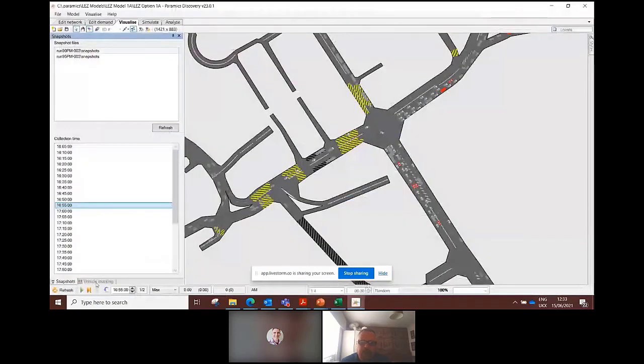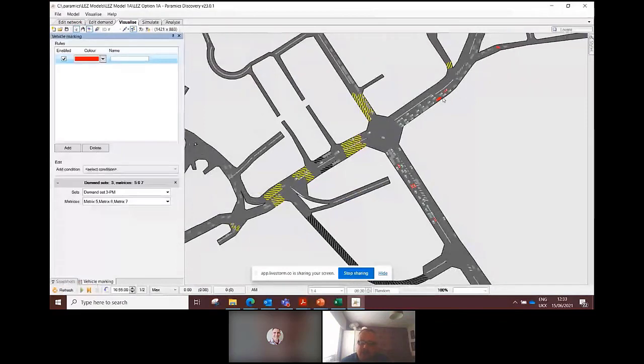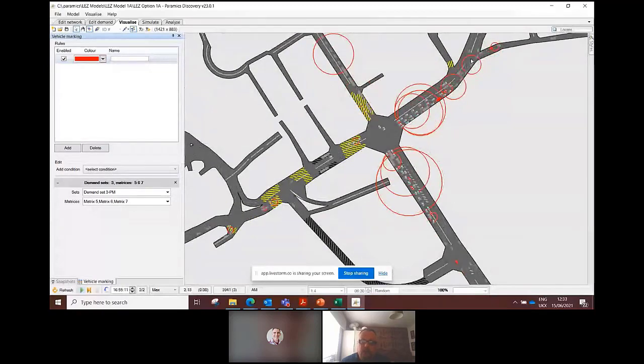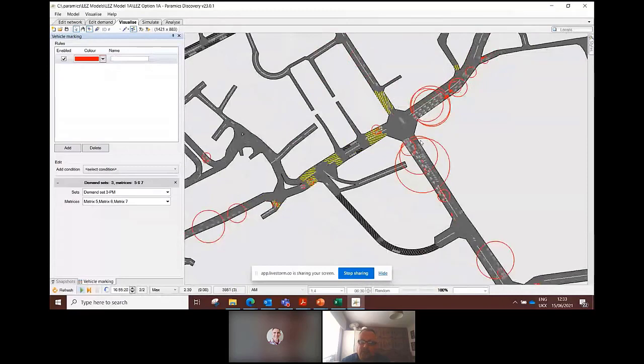I put the vehicle marking on, so you can see all the red vehicles are effectively our non-compliant vehicles. If you were to run this model from a snapshot, you see all the red vehicles have to go around the low emission zone. They can't actually route through.